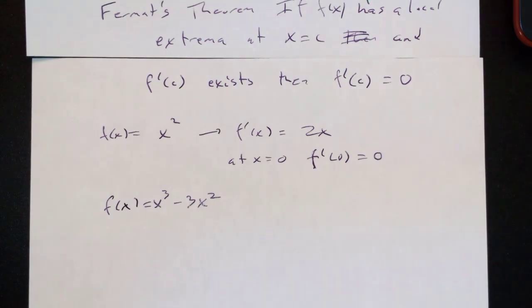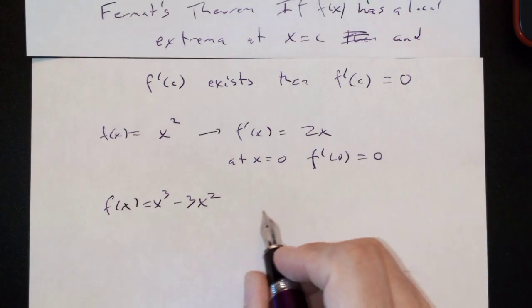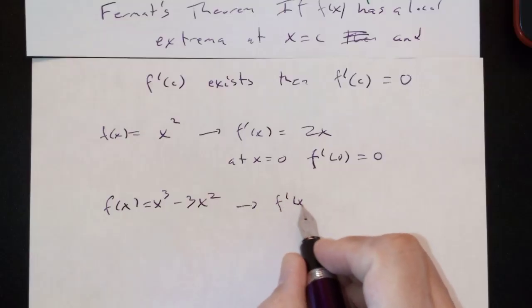From our picture of the cubic equation, we thought we had a local extreme at 0 and another local extreme at 2. Take the derivative.